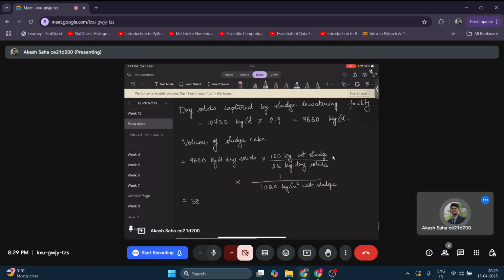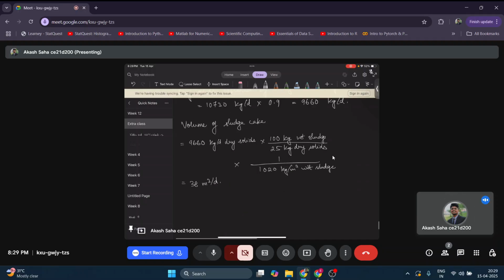So this is equal to 38 meter cube per day. So the volume of side stream from the sludge dewatering facility would be 138 meter cube per day.